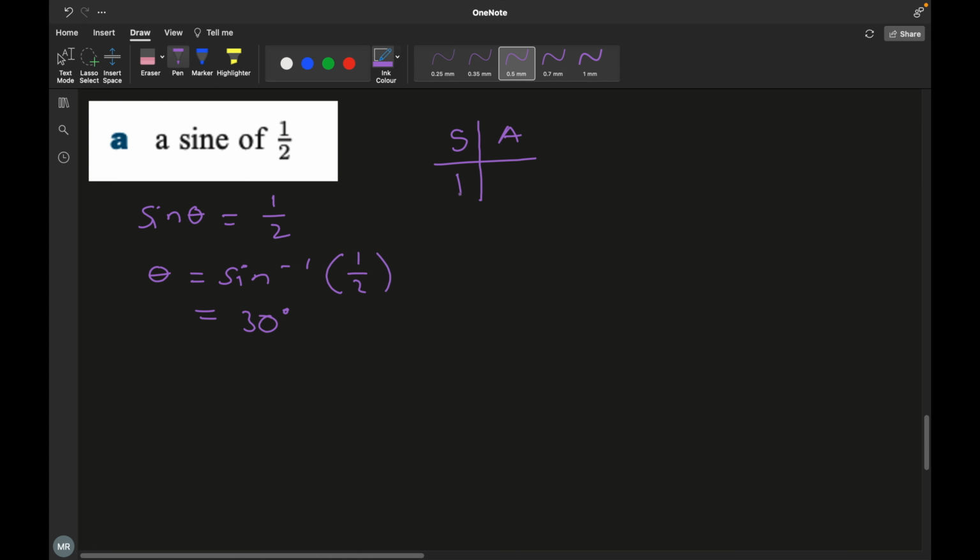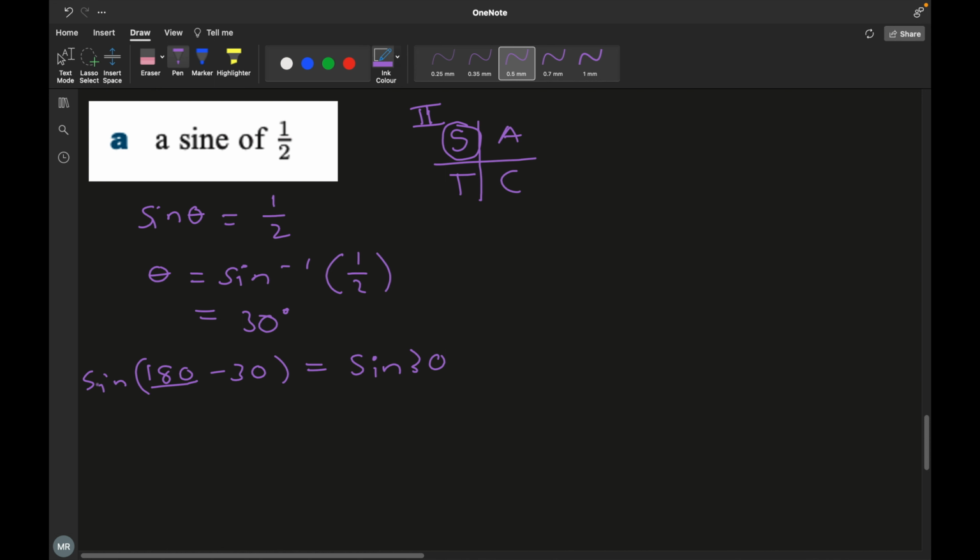All students trust Cambridge. So we can see that sine is positive in the second quadrant. If we do 180 minus 30, sine of 180 minus 30 is essentially sine 30, because 180 is an even multiple of 90.